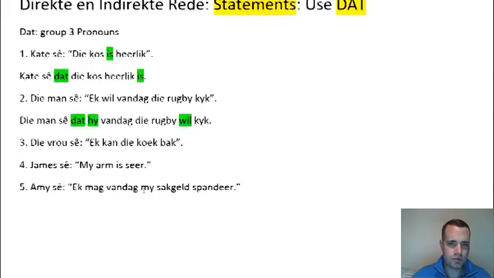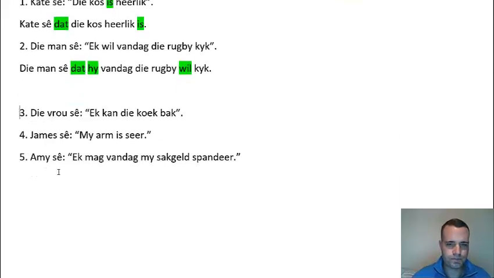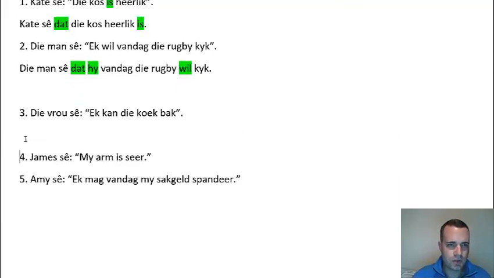Our next example. Let's move up a bit. Die vrou sê, "ek kan die koek bak." The lady says that she can bake the cake. Okay, die vrou sê, so this is a statement. You see that it's a statement. Now you know that you must use dat. She says, I can bake the cake.